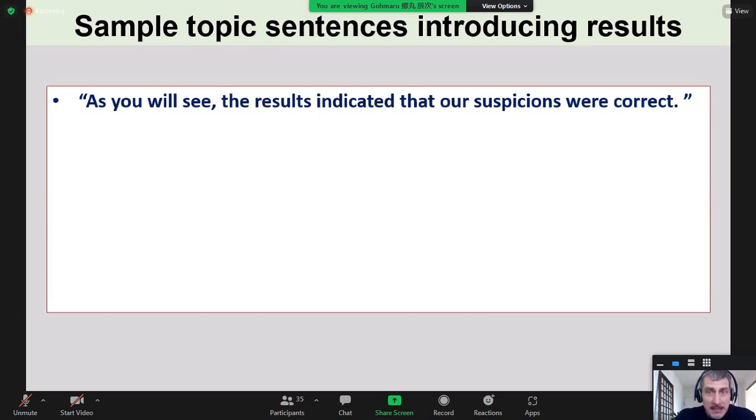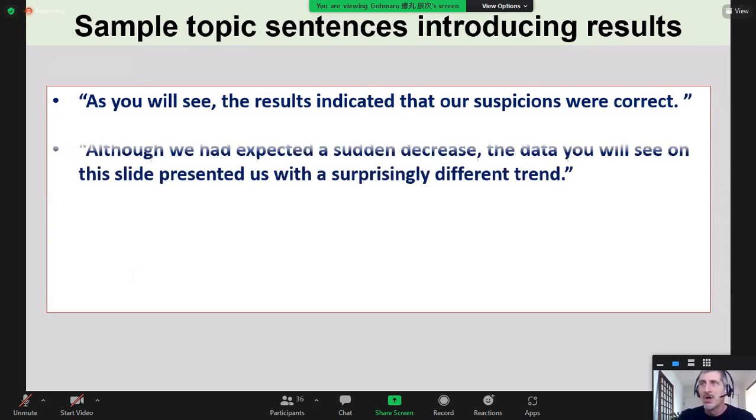So assuming that on the slide before we clearly explained our hypothesis, predictions, and logic for what we predict, this would be a good topic sentence: As you will see, the results indicated that our suspicions, our hypothesis, was correct. Although we had expected a sudden decrease, the data you will see on this slide presented us with a surprisingly different trend. This is a partial conclusion.